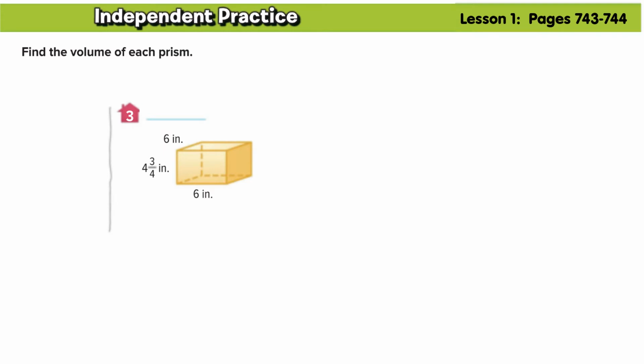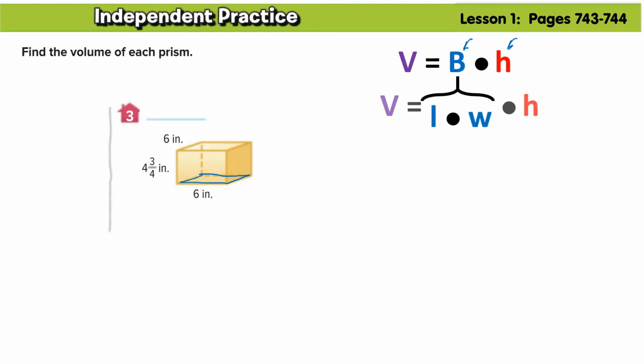We're doing the volume of a rectangular prism. So volume equals area of the base times the height. Our base is a rectangle, so we're going to use length times width.